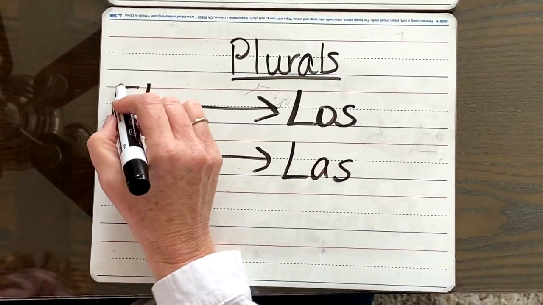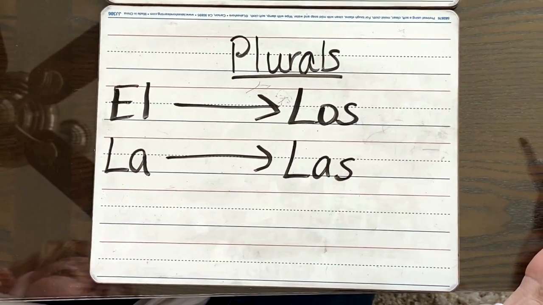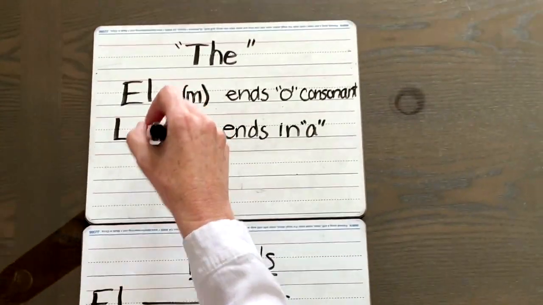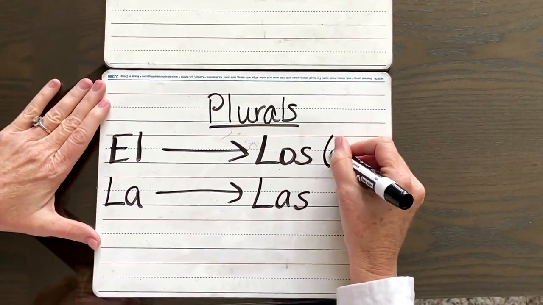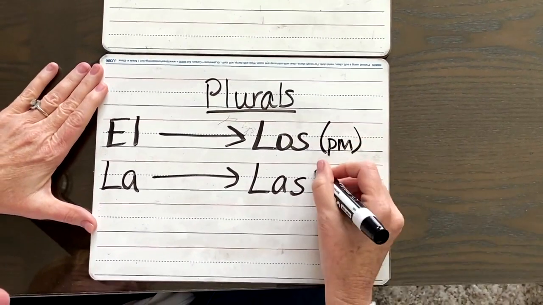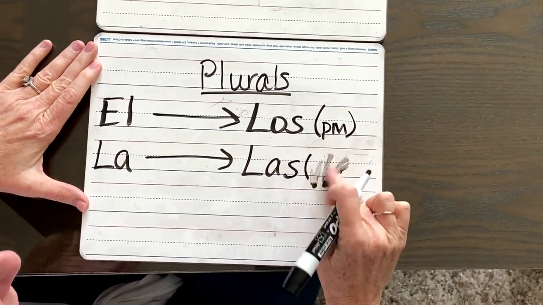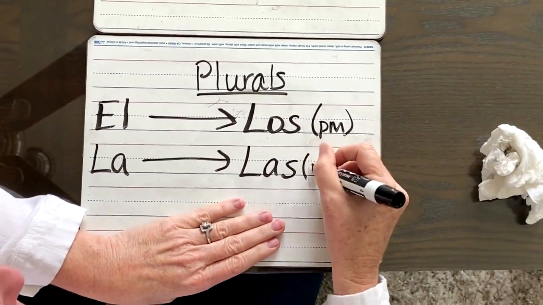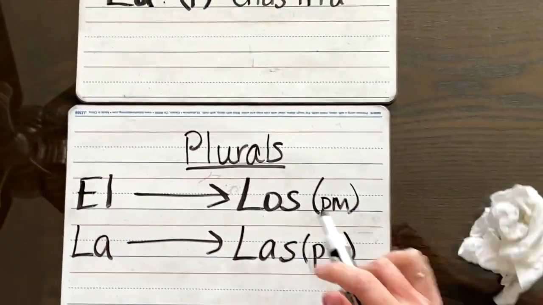So we change el and la to a plural form when we're talking about more than one item. So look, 4 ways to say the: el, la, los, which is the plural masculine form, and then las is the plural feminine form. So los and las, el and la.